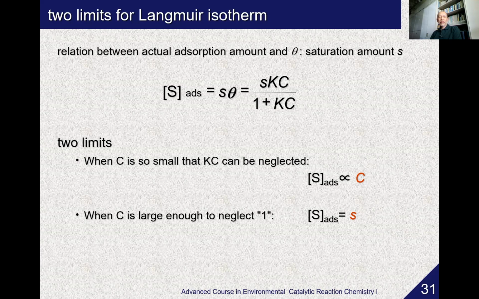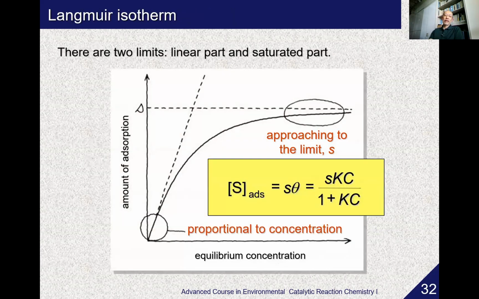C が小さければ1プラス KC のうちの KC はなくなるので、吸着量は SKC で C に比例する。もし、C が大きければ1プラス KC のうちの1が、無視できるので、そうすると KC を KC で割ってしまいますから、S アドスは、スモール S になる。まあ、当然です。全部の吸着サイトが非常に濃度が高くなっていたら全部吸着されてしまって、まあ、それ以上増えることはありませんから、そこで止まってしまうというわけです。So, therefore, in the lower concentration range, that is almost linear.